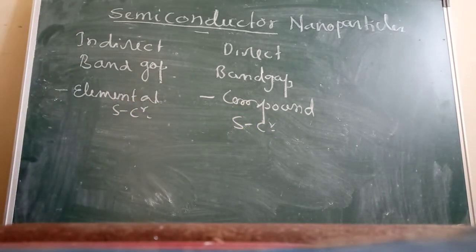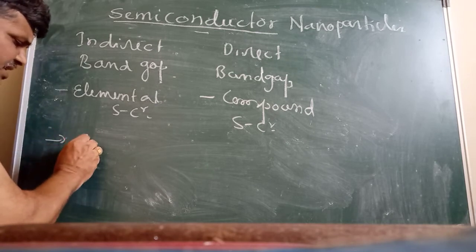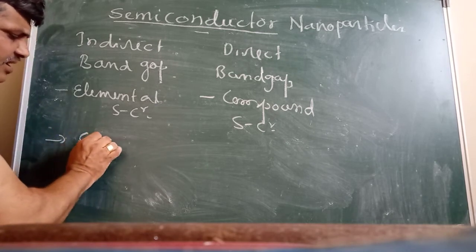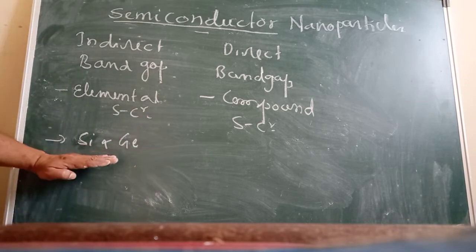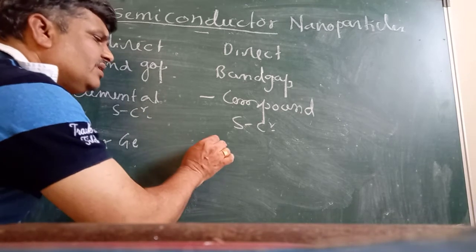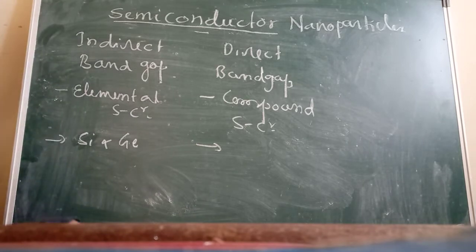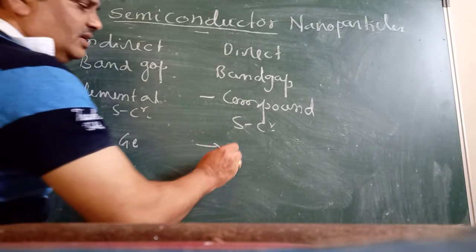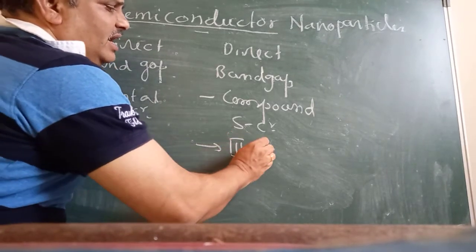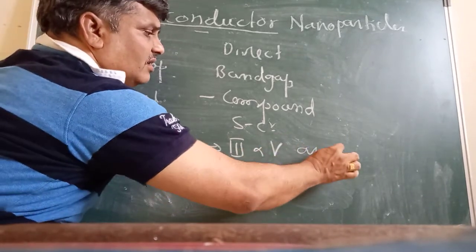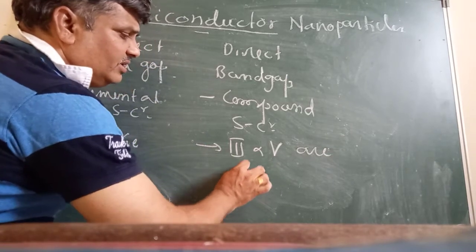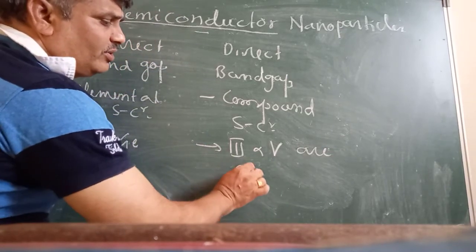The elemental ones are again silicon and germanium, for example. Compound semiconductors are compounds in which elements of groups III and V are added together, compounded together.